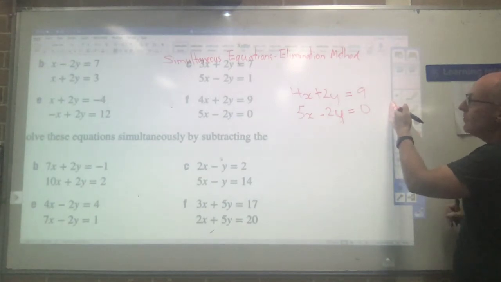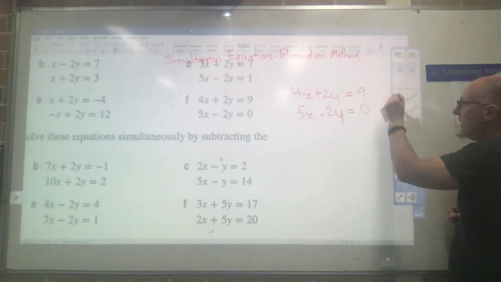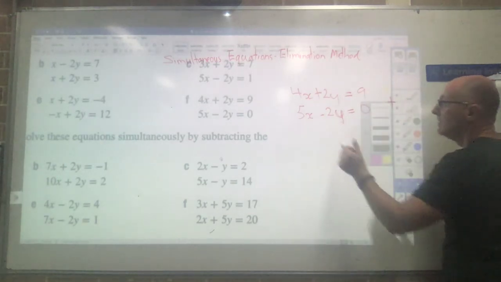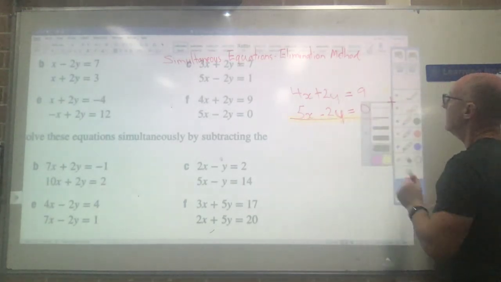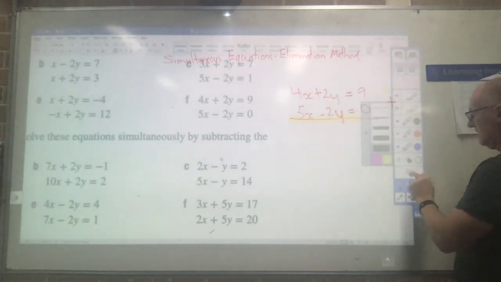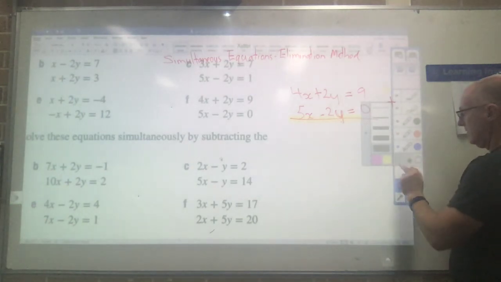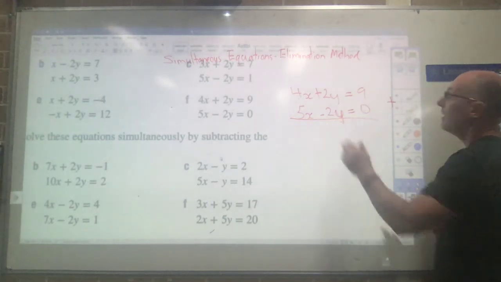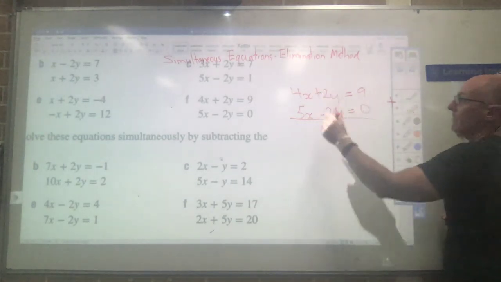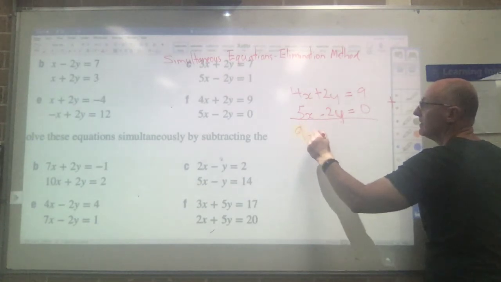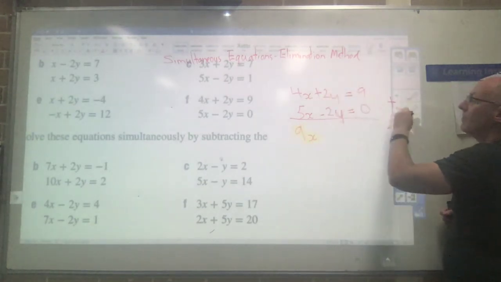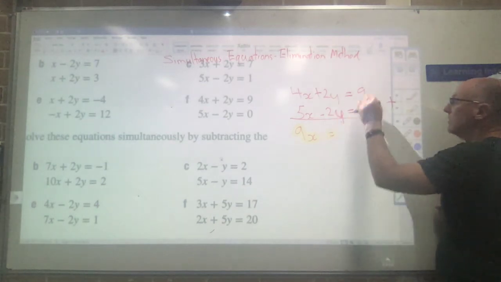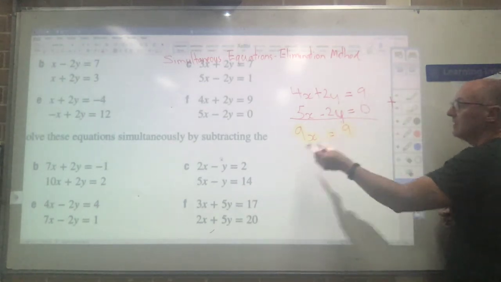You're going to go through a plus. Going through a plus sign, 4x plus 5x is 9x. 2y plus minus 2y is 0. Equals 9. So 9x equals 9.